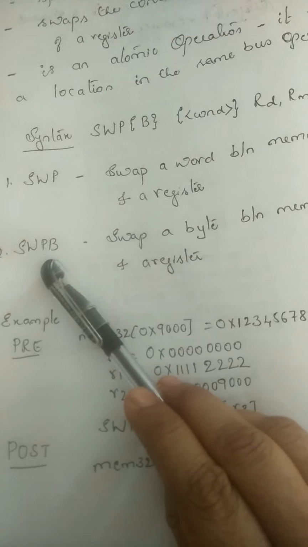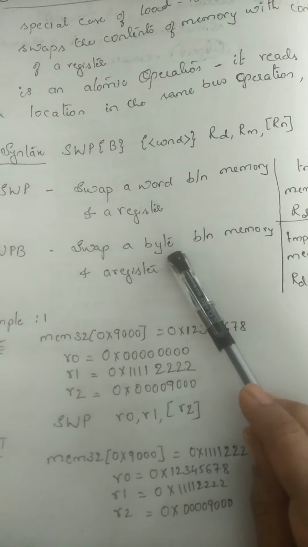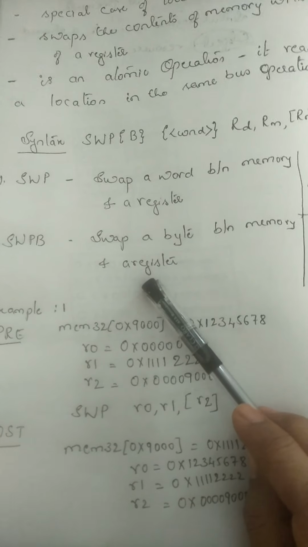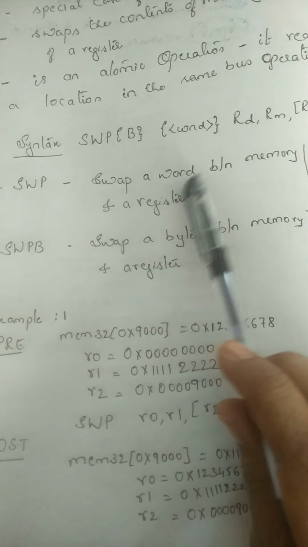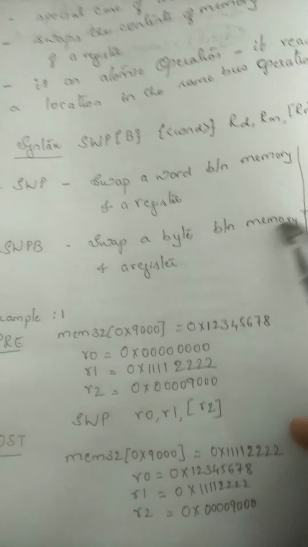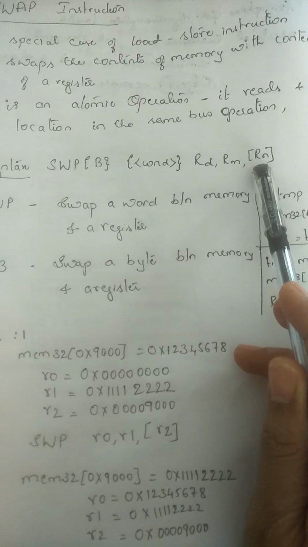And next is SWPB. Here we swap a byte between the memory and a register. The byte of data, that is 8 bits of data, is moved between the memory and a register, whereas with the word version, 32 bits of data is moved. So remember, RN is a register.